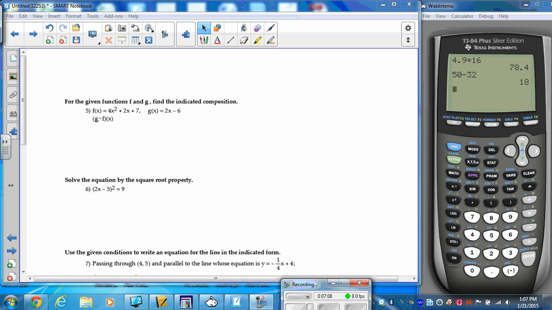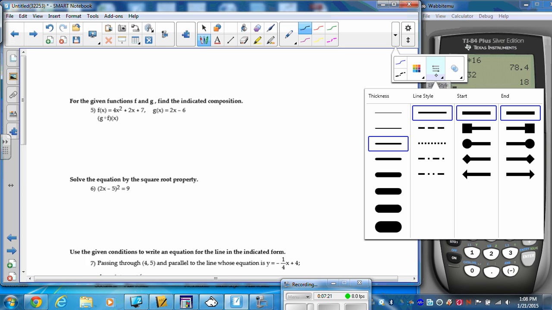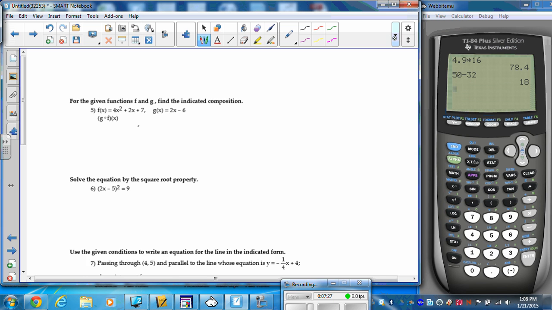So remember, g of f means that I'm going to put this function, f, into the g function. So I'm going to replace this into this x.